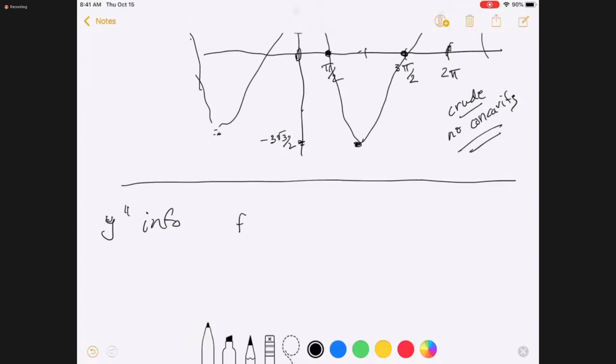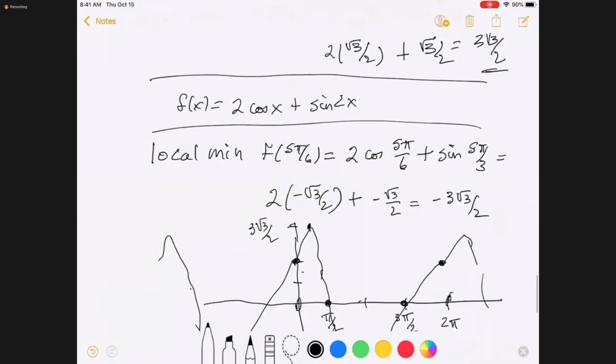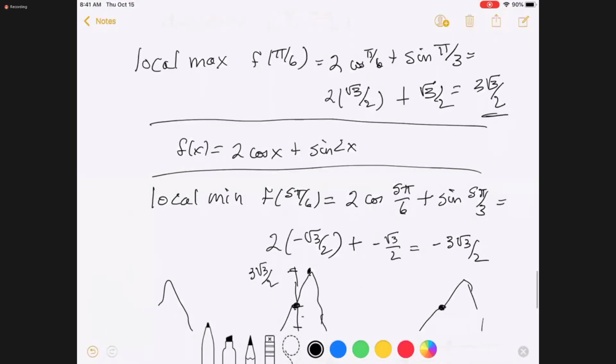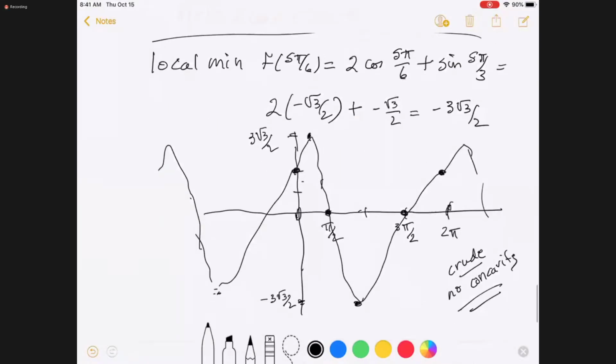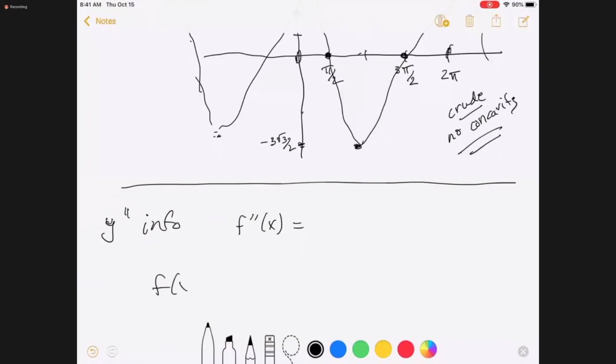Okay, so first of all, I need my second derivative. Let's just go back. f of x was 2 cosine x plus 2 sine of 2x.